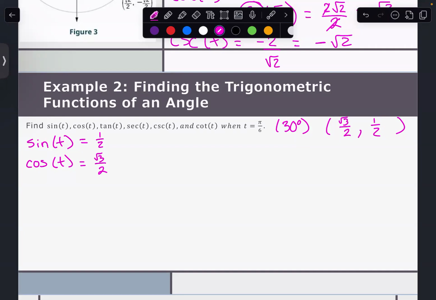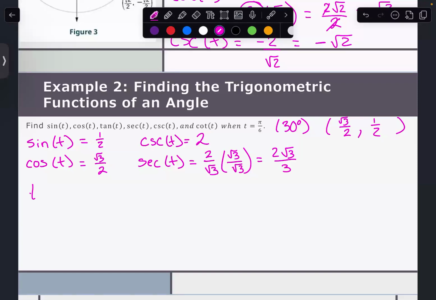Now I'm going to go ahead and find just the reciprocal of sine, which is cosecant. So the reciprocal of 1/2 is 2. Then the reciprocal of cosine is secant, and that reciprocal would be 2 over square root of 3. Rationalize the denominator by multiplying by square root of 3 over 3, and we end up with 2 square root of 3 over 3.